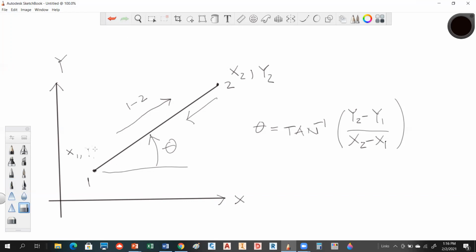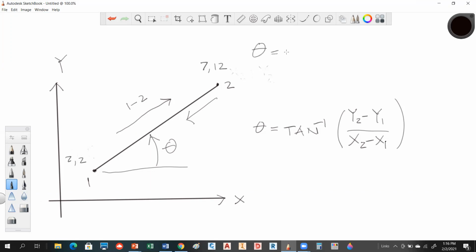So let's say that this coordinate value here is 2, 2, and this coordinate value here is 7, 12.